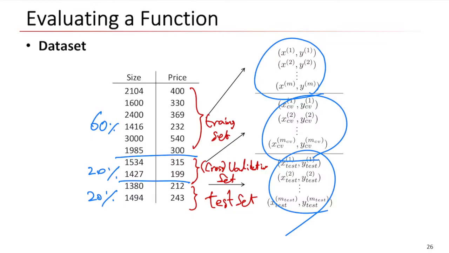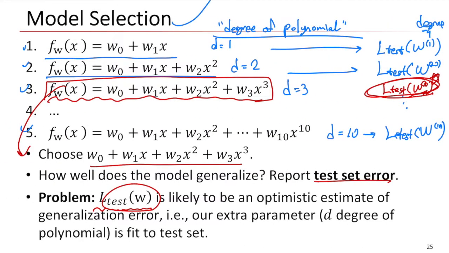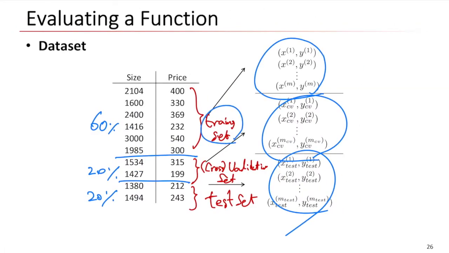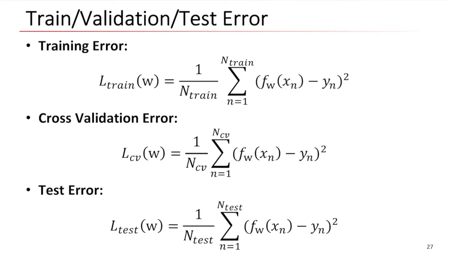In this case, we can do a similar thing, just using the training set and validation set. It means that we don't need the ground truth testing set to determine the generalization power of our machine learning algorithm. So that's why we introduced the cross-validation set.